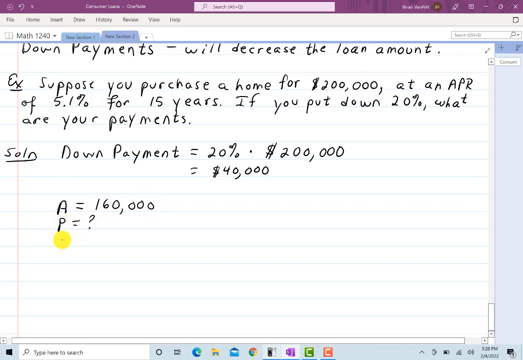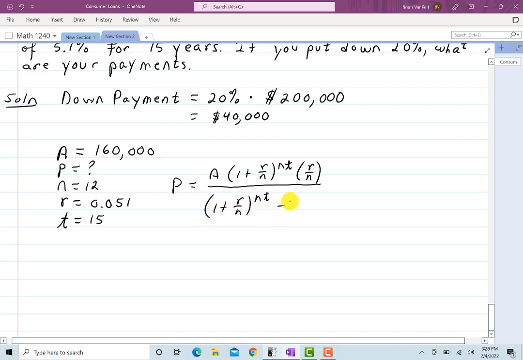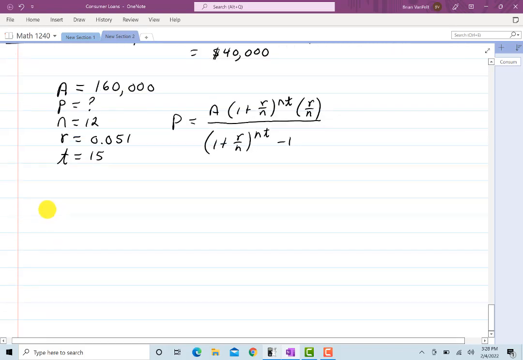I don't know what my payment is. N, of course, is 12. R equals 0.051. And T equals 15. Let me get my formula in. I have A times (1 plus R over N) to the NT times R over N, all over (1 plus R over N) to the NT minus 1. And now let me put my numbers in.